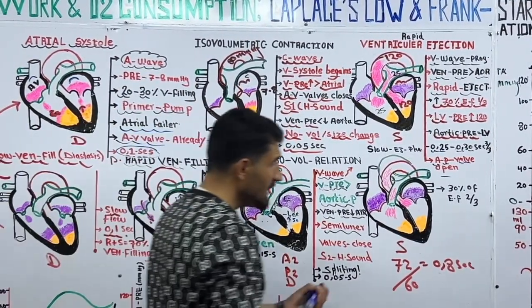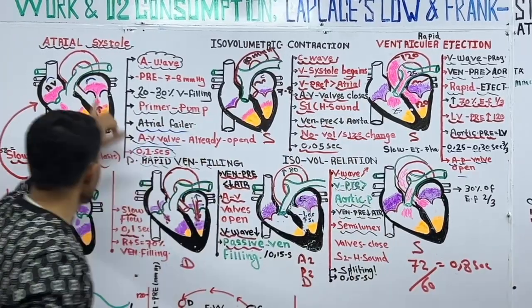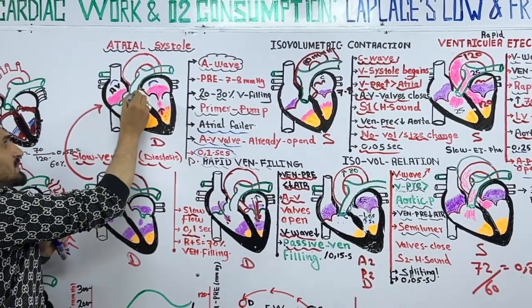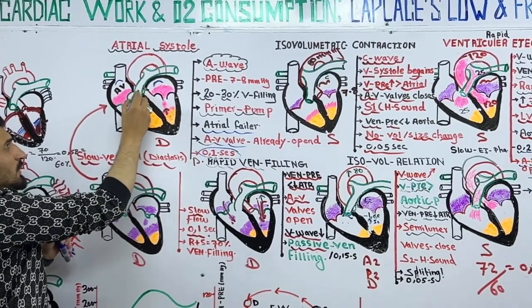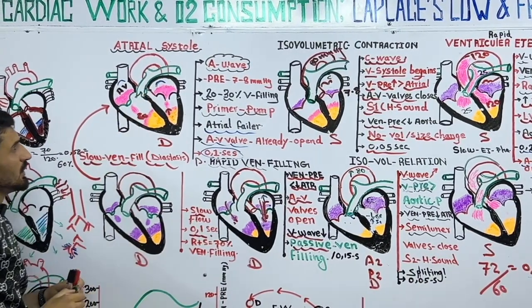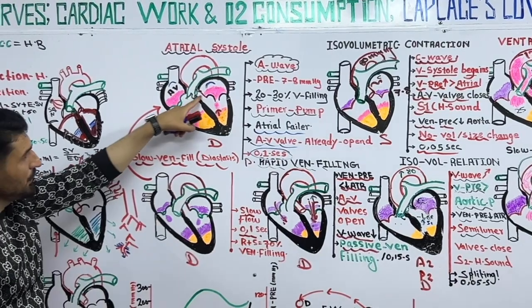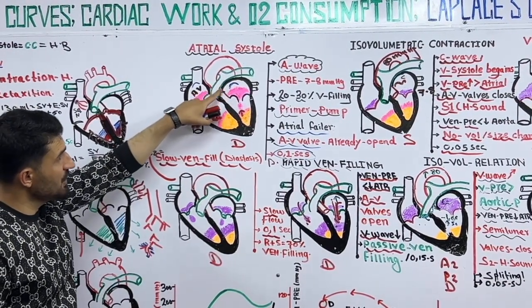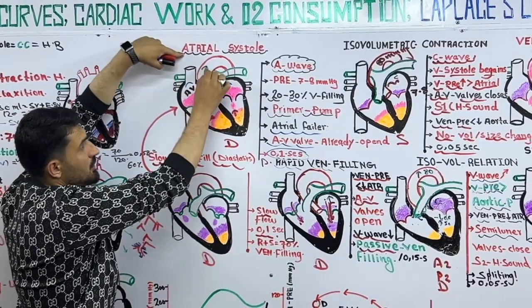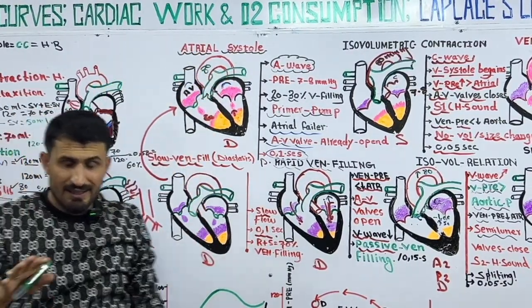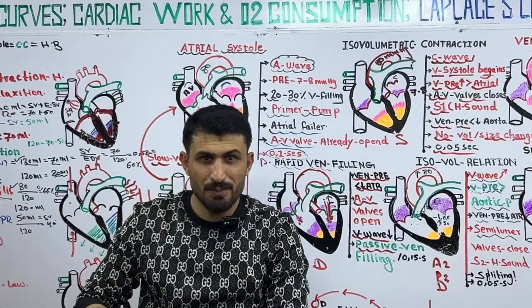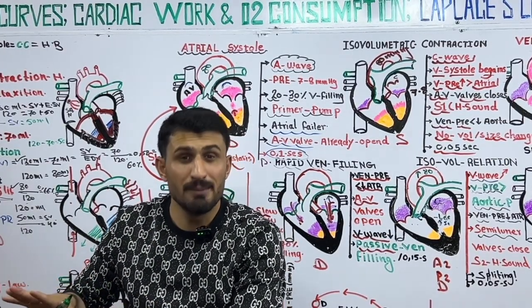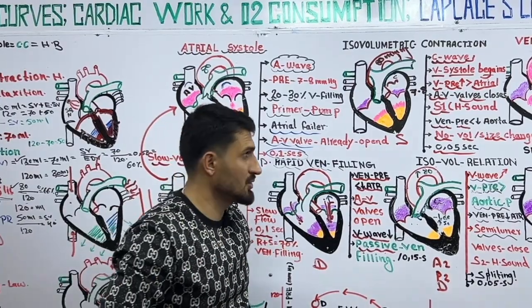Now here in the atrial contraction phase, because the aortic valve is closed and also the pulmonary valve is closed, both valves are closed. So here the pressure in aorta is around 80 millimeter Hg during diastole in a normal person.